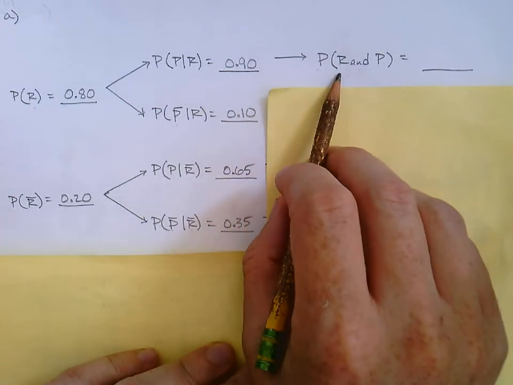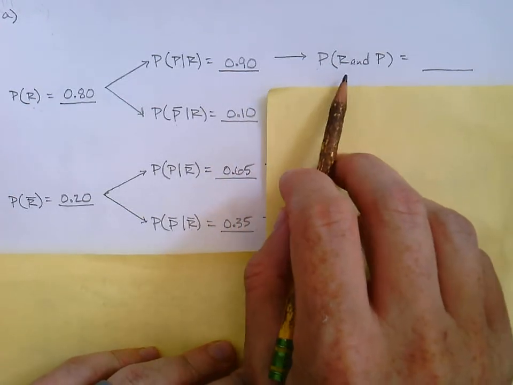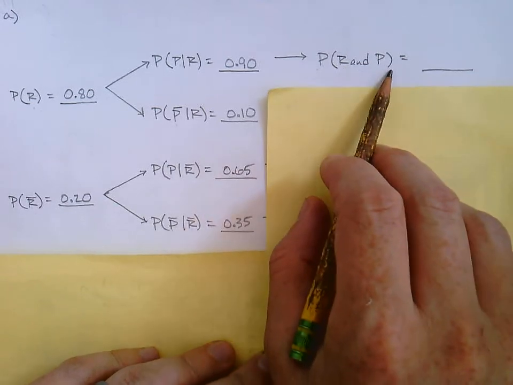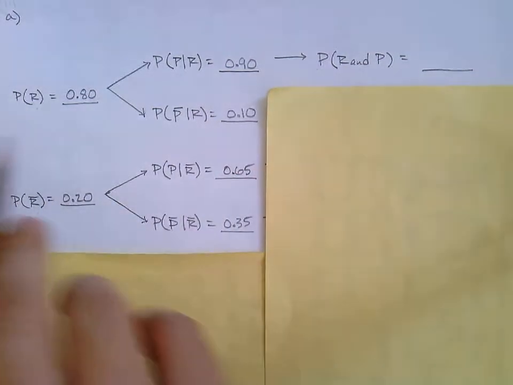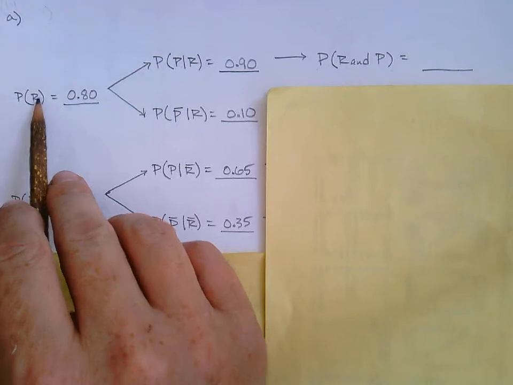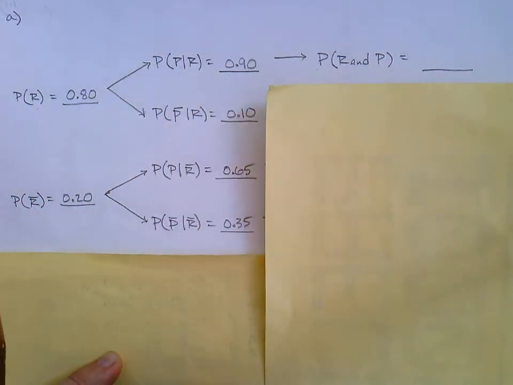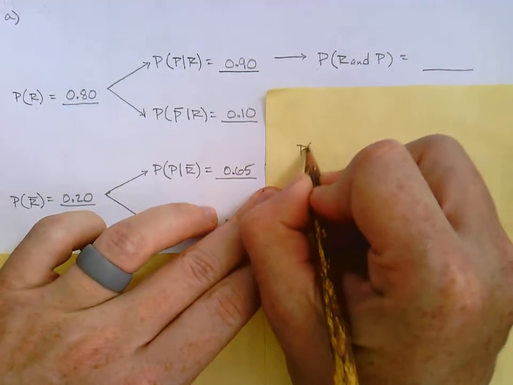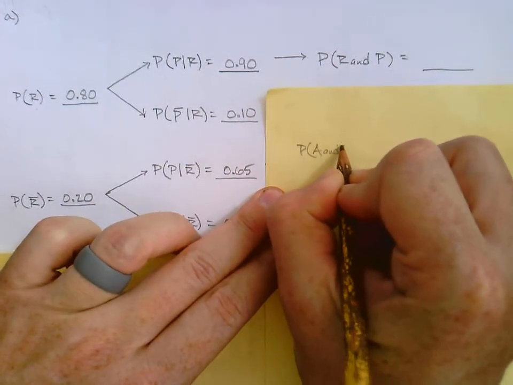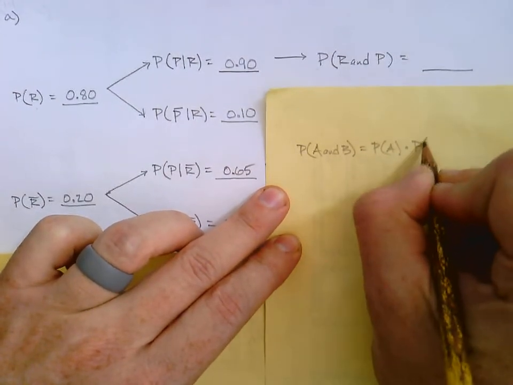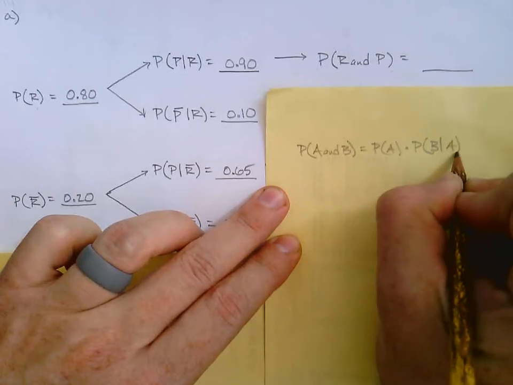Hey, remember back when the first formula we saw for the and, the probability of A and B? It was equal to the probability of A times the probability of B given A. Right? Probability of A and B equals the probability of A times the probability of B given A.